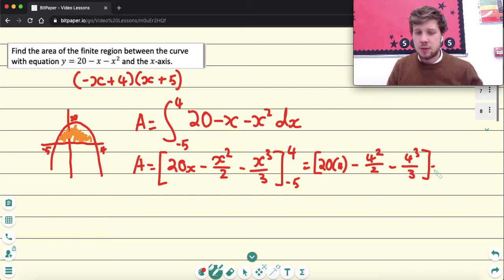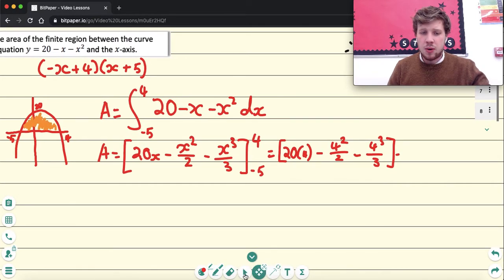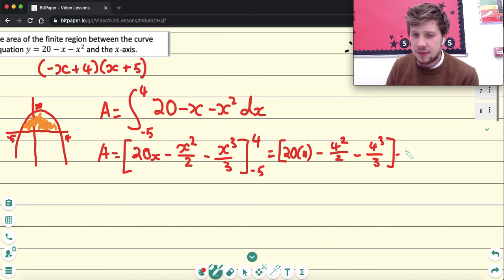And from this, I'm going to be taking away my value of -5. So 20 lots of -5, subtract -5 squared over 2, make sure that's in brackets, and subtract -5 cubed over 3.